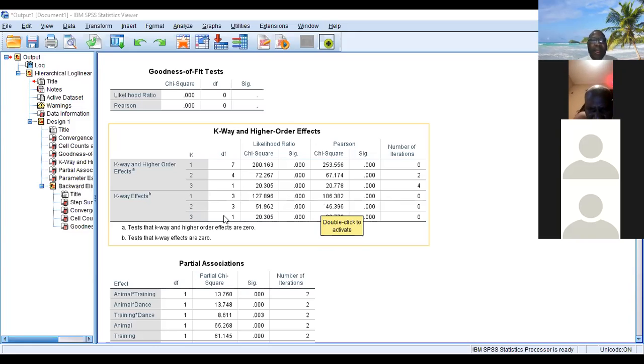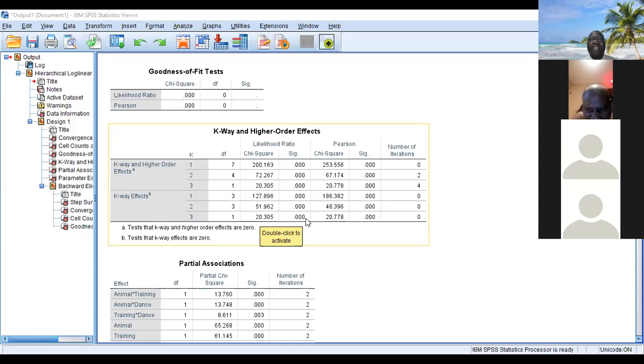The last one is the highest interaction, which is the three of them. Is there any effect? Even though the chi-square is low, it's still significant.